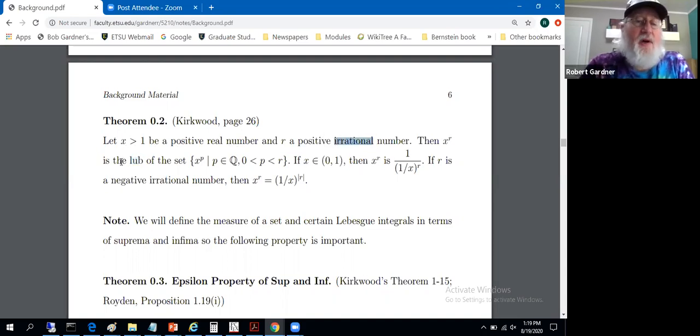Then x to the r is the least upper bound of the set x to the p, where p is rational and p is between 0 and r. So we're taking this real number and raising it to rational powers that are positive and strictly less than irrational exponent r. In some sense, you're taking a limit. This least upper bound thing, in some sense, it's a limit.